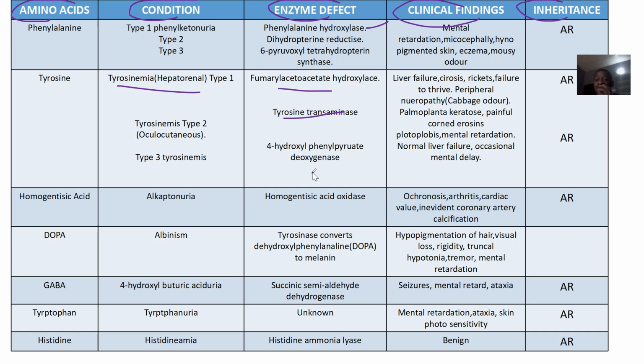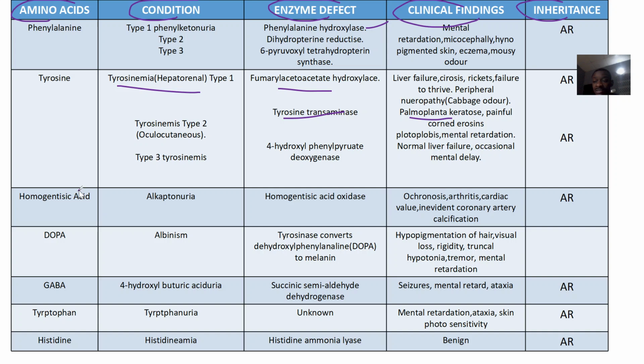The clinical presentation is basically usually the same: liver failure, liver cirrhosis, rickets, failure to thrive, peripheral neuropathy, palmoplantar keratosis, painful corneal erosions, photophobia, mental retardation. Occasionally, you have mental delays coming up.